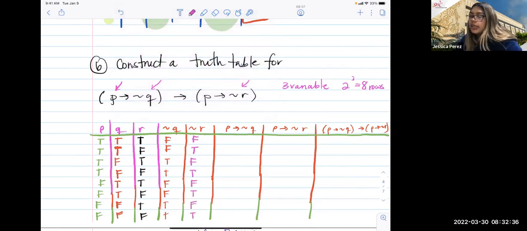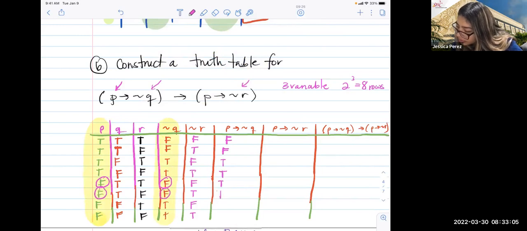Now you have an implication of P implies not Q. So I'm looking at this P and not Q. T implies F, that's an F, remember? TF, that's an F. T and T, that's true. T and T, that's a true. F, F, that's a true. F, F, that's a true.